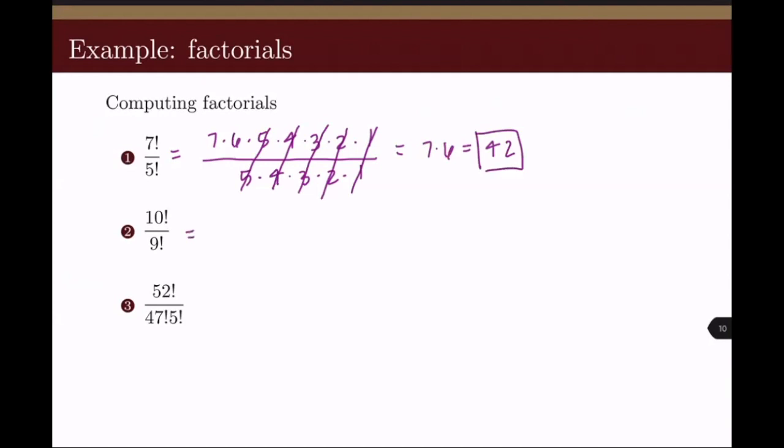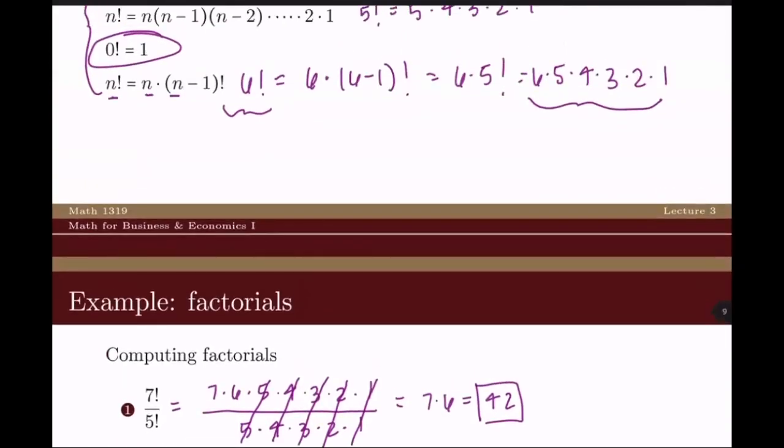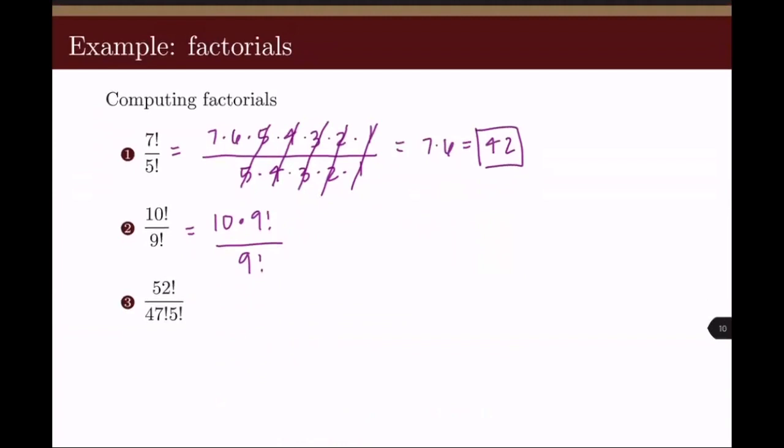10 factorial divided by 9 factorial. Well, 10 factorial is the same thing as 10 times 9 factorial by our third rule up here. Remember how we did 6 factorial is the same thing as 6 times 5 factorial? Well, now I have 9 factorial divided by 9 factorial.